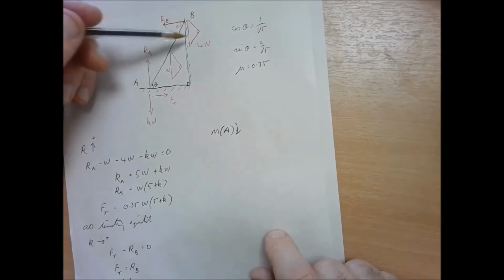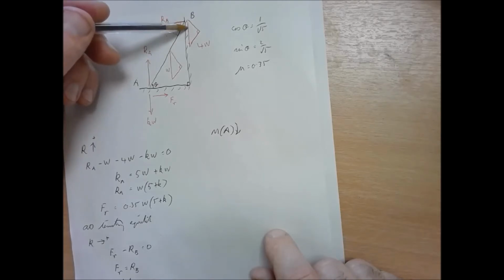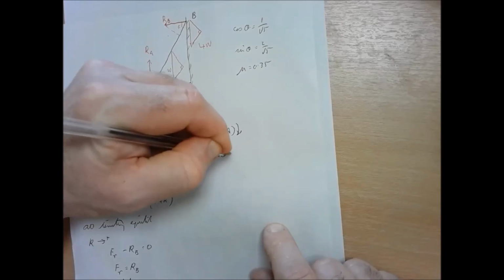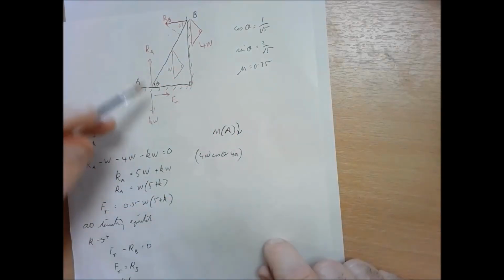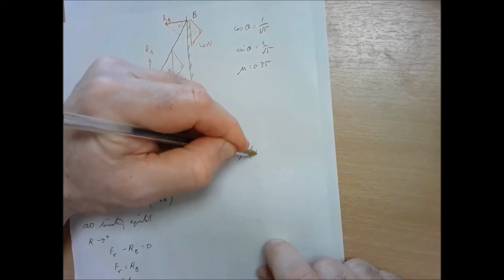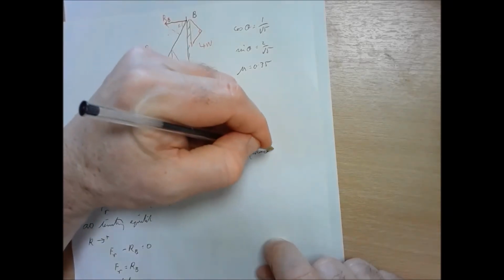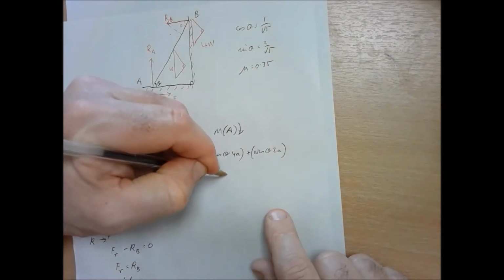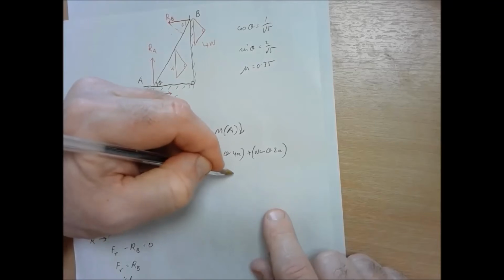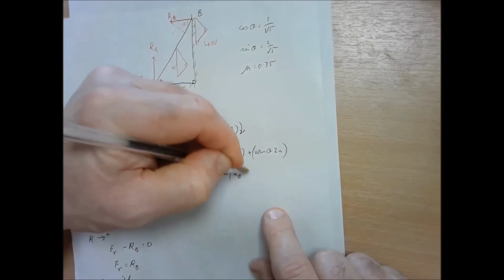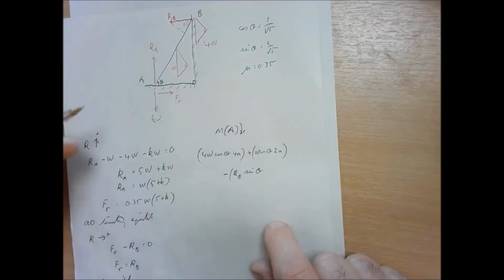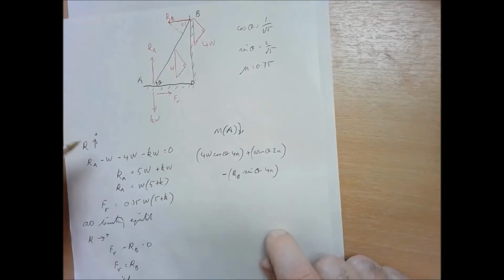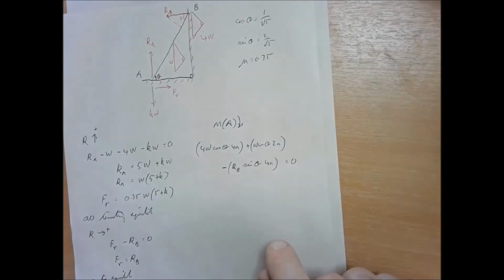I've got 4W cos theta times 4a, plus W cos theta times 2a, minus RB sine theta times 4a, and that must equal 0.